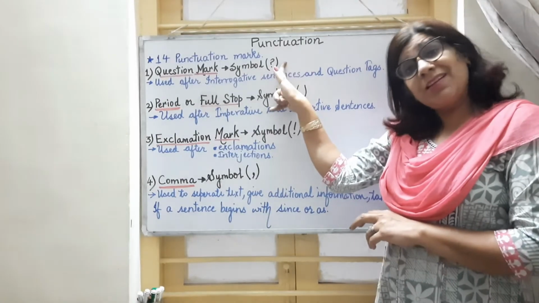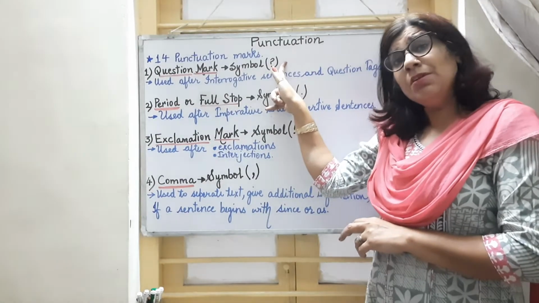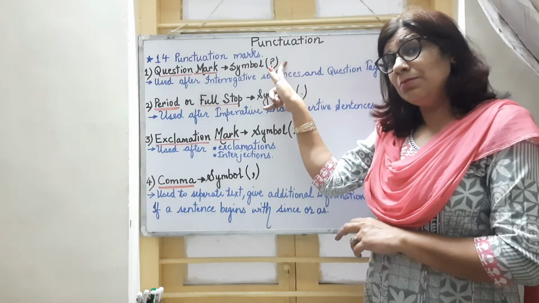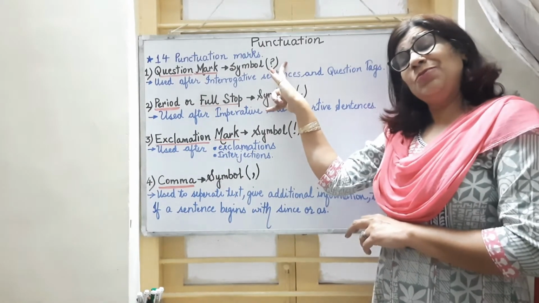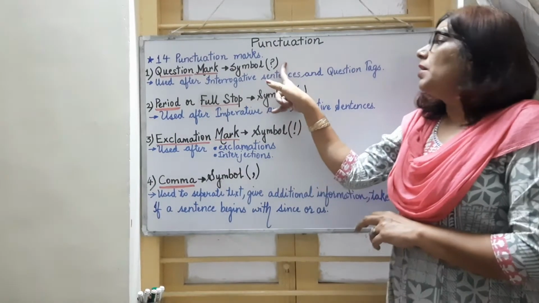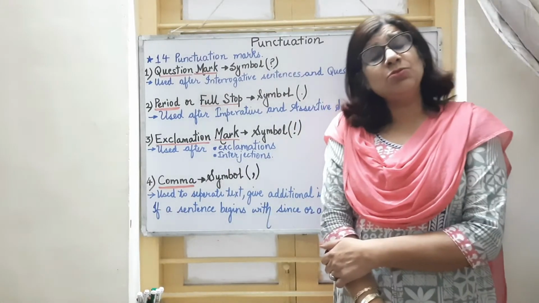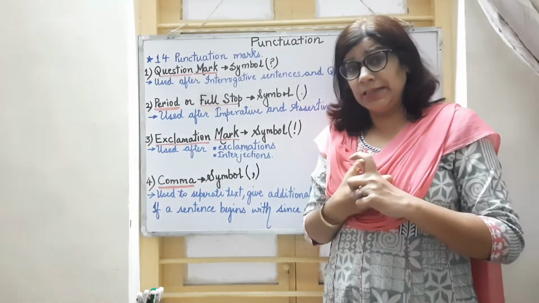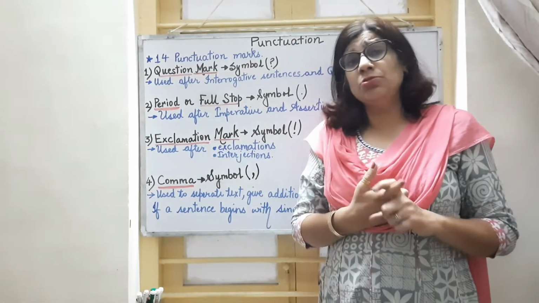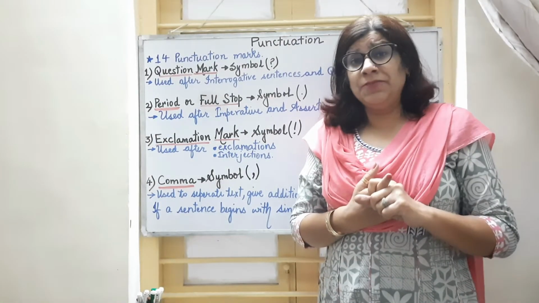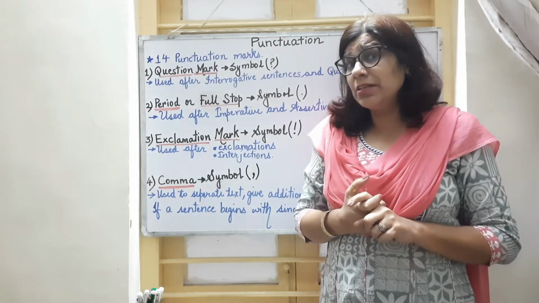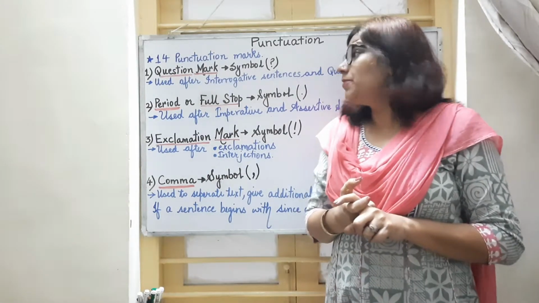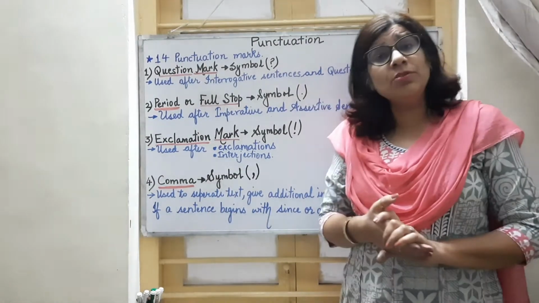Whenever we are asking something, suppose I ask you, how are you? Then we are going to use a question mark. Now, how do we come to know that we have to use a question mark? Remember, all the sentences that are interrogative in nature, we are going to use a question mark. If I ask you what interrogative sentences are, what are you going to say?